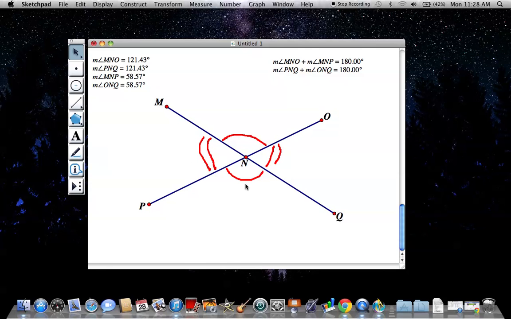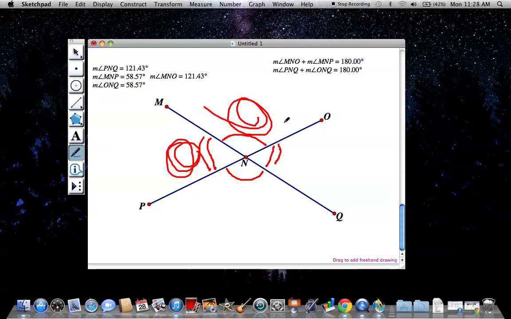Alright, now if you'll notice, if I take MNO and I add it to MNP here, I get 180 degrees. Okay, so that means that these two angles, when I add them up, form a supplementary angle.